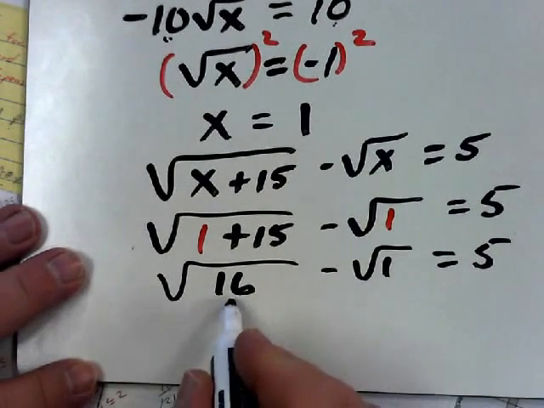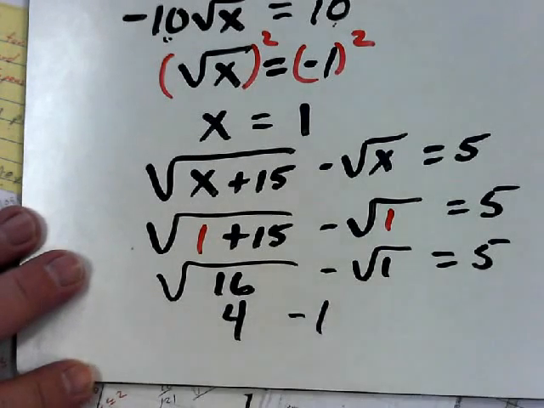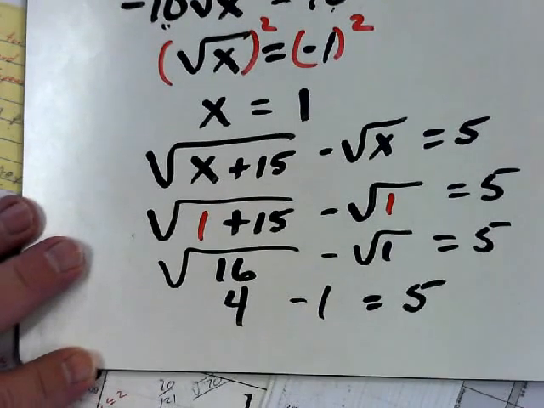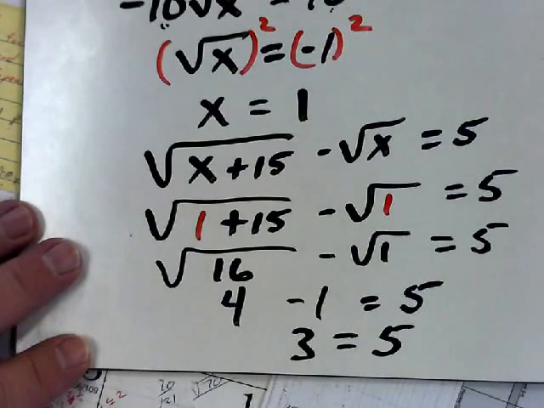So you say this is 4, isn't it? Minus 1 equals 5. So 3 equals 5. No solution.